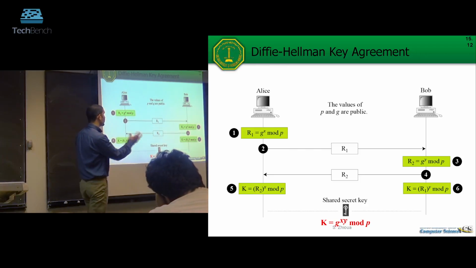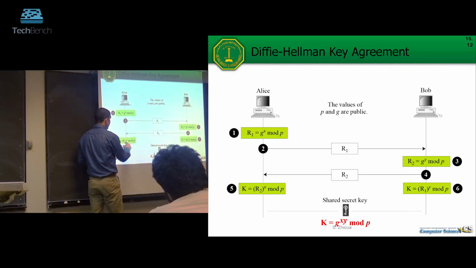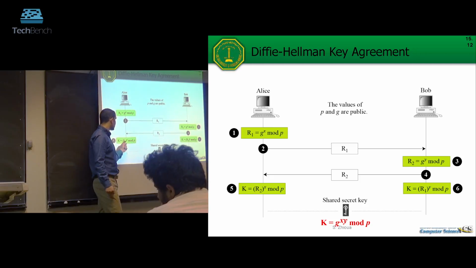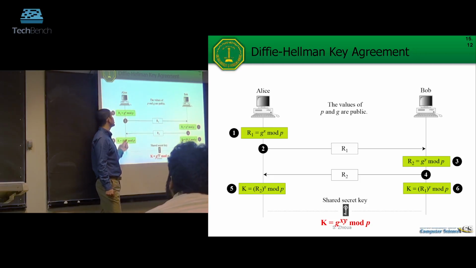Then both of them will do the same thing, which is taking the value they got from the other party and doing the computation, raising it to the power of the random number picked by that user. It will generate the value K, which is the secret key.